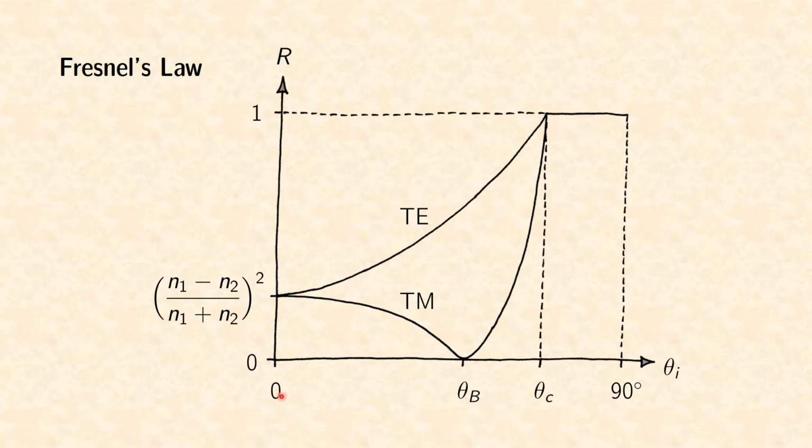In case of an incident angle of 0 degree, TE and TM waves are equivalent, because in that case the electric as well as the magnetic field is parallel to the boundary, and both expressions lead to the same factor, which is given here, n1 minus n2 over n1 plus n2, and this squared.